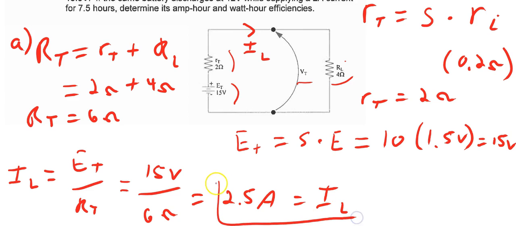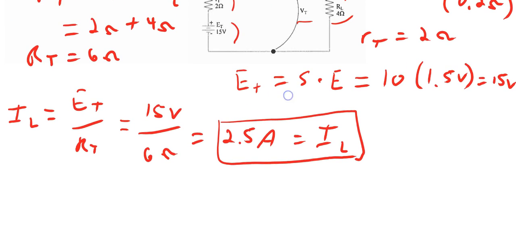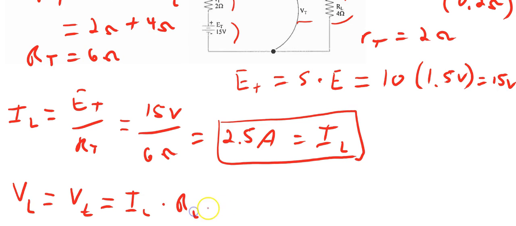Now we are also asked to find the load voltage, and basically there's 2 ways to do that. The easiest way would be to say that the voltage across the load is equal to the terminal voltage of the battery, and that, by Ohm's law, is equal to I load multiplied by R load.